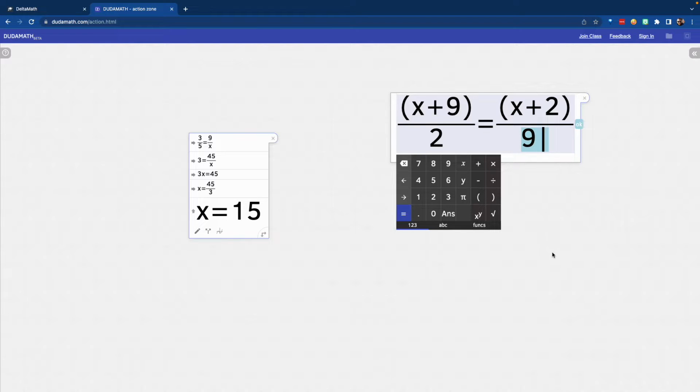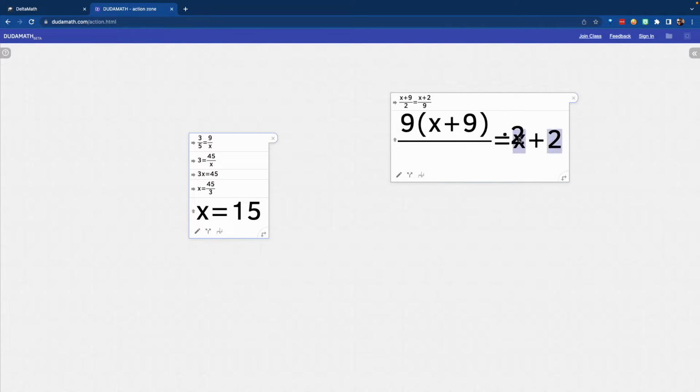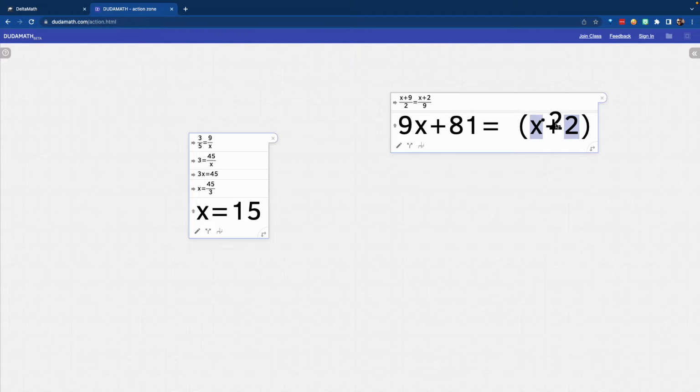Again, we can do the cross multiplying, so I'll take the 9 and multiply it over here, and I'll take the 2 and multiply it over here. And then to multiply each of those things into the groups, it'll be 9 times both x and 9. That'll give me 9x plus 81. Similarly, on the other side, I'll have 2x plus 4.